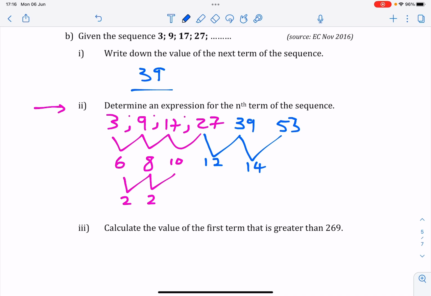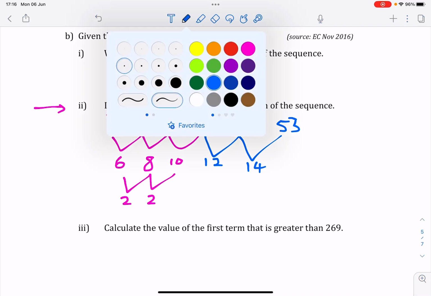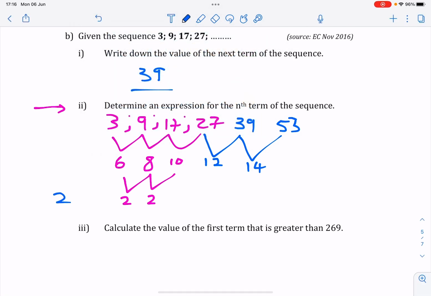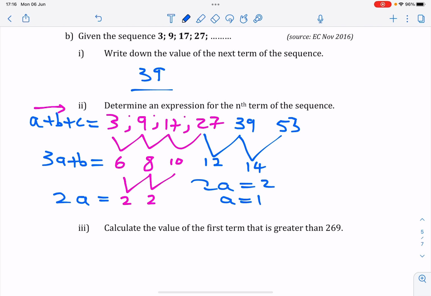Okay, so determine the nth term. So now we're working out the general formula. So 2a is equal to 2. 3a plus b is equal to 6. So these three formulas will always stay the same. a plus b plus c is equal to 3. So 2a is equal to 2. So a is equal to 1. a plus 3a, which is 3, plus b is equal to 6.